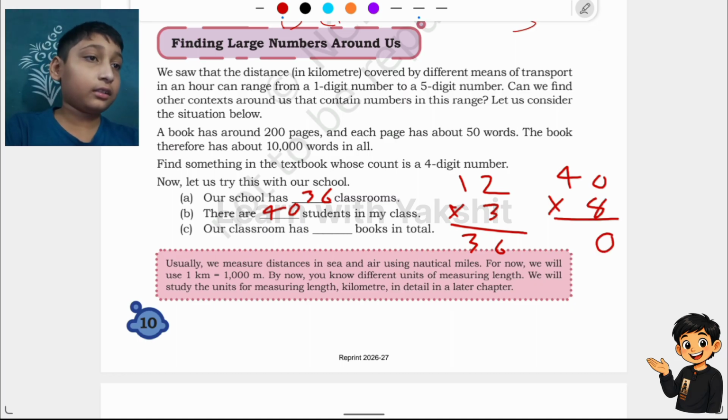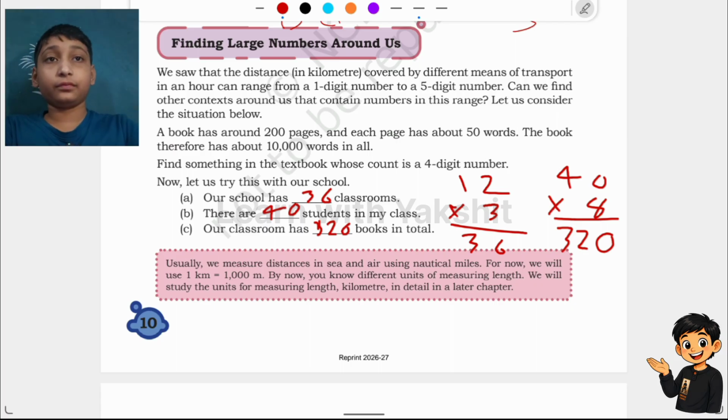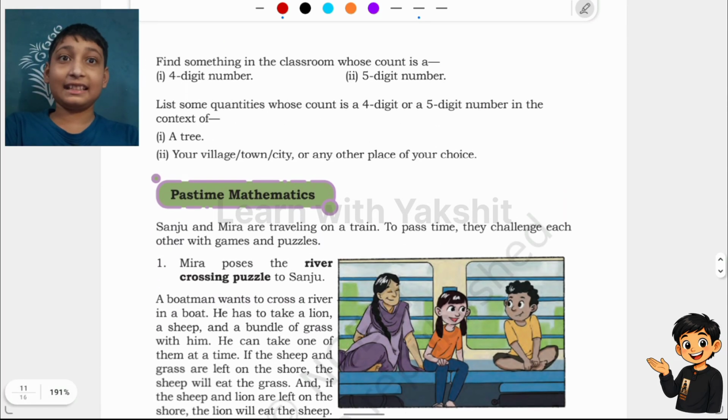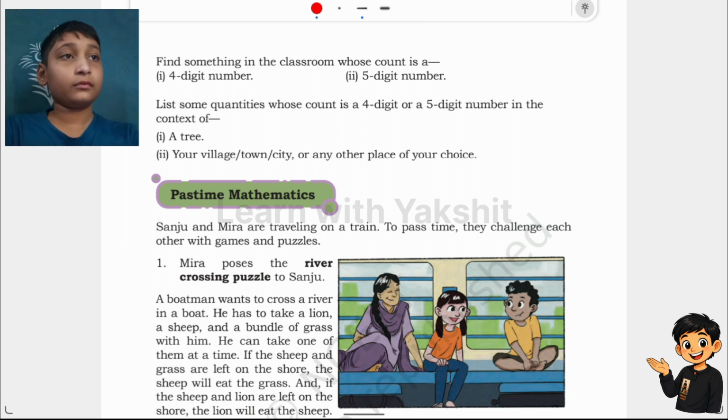That is 320. 320, that's a lot of books. Now if we go down, there are more questions waiting for us.